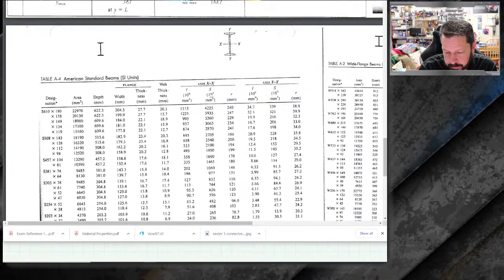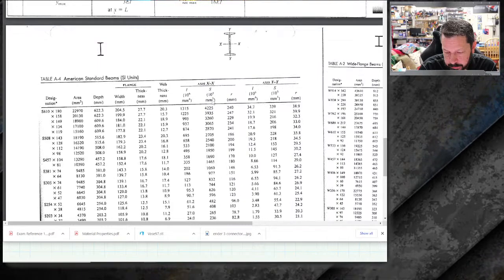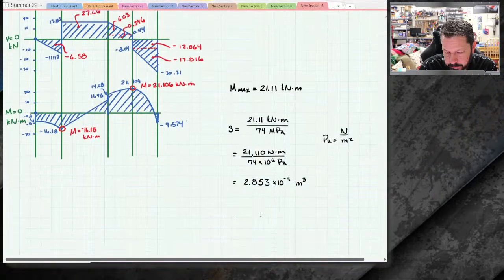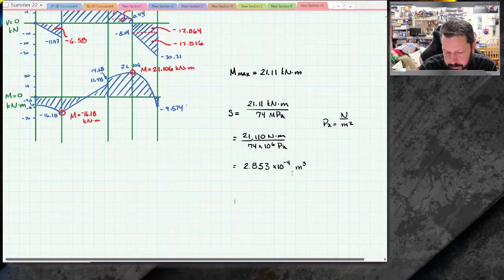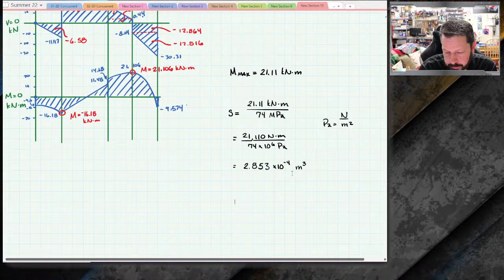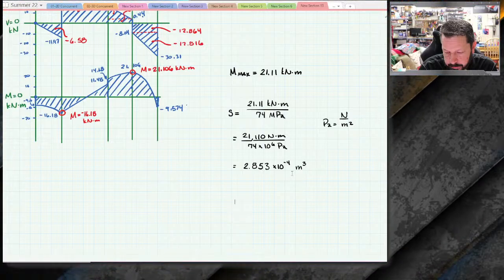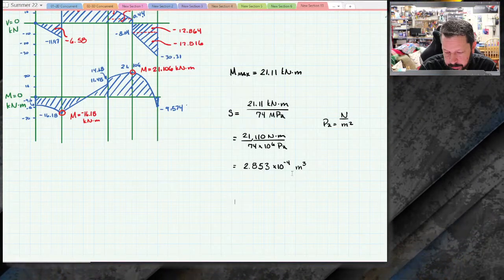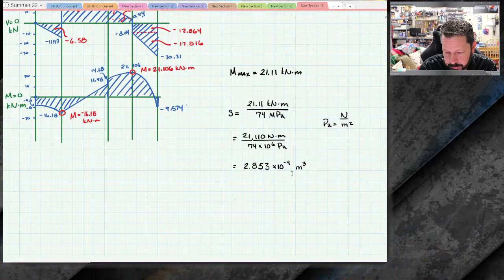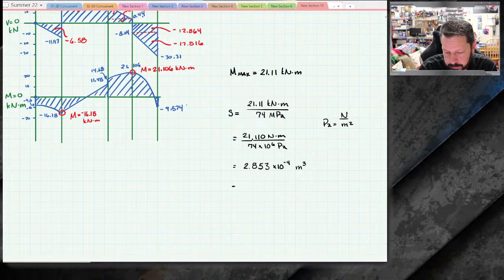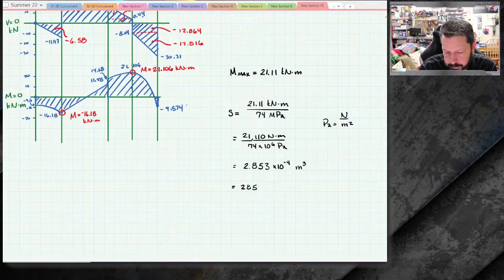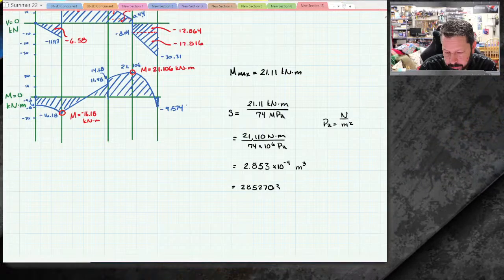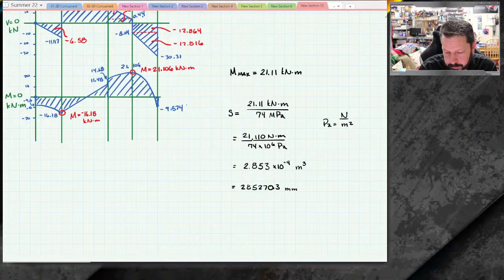Now, 10 to the 3rd millimeters cubed are what S is in. So we currently have it in meters cubed. So if I multiply times 1,000 cubed, so times 1,000 three times, I will have this number, 285,270.3 millimeters cubed.